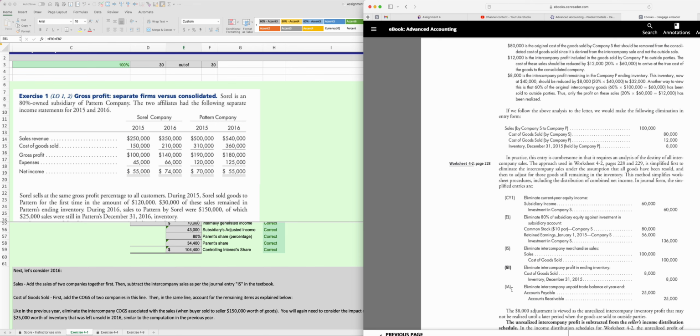The IS entry gets rid of any intercompany merchandise sales, assuming that all of the inventory was sold to outside affiliates, and then whatever wasn't sold, we adjust either in the ending inventory for the current year, or if it's a subsequent year, then we also need to worry about its impact on the beginning inventory next year, because the ending inventory this year is the same as beginning inventory next year.